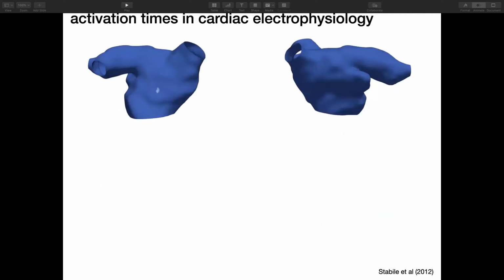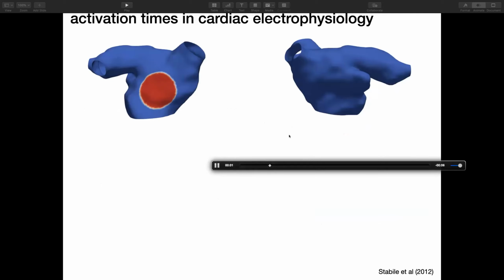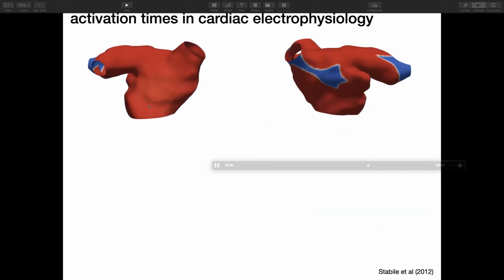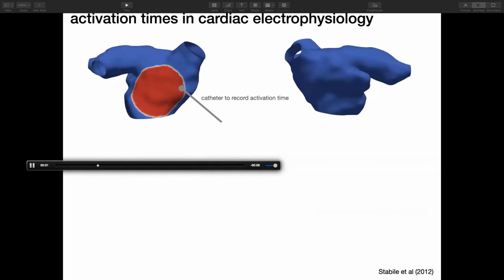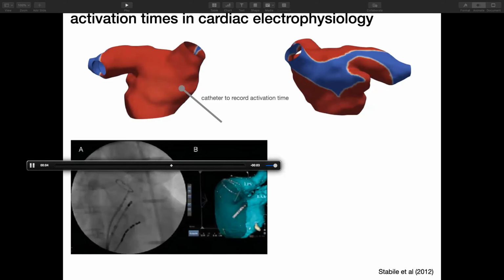So just a basic reminder of how activation times are measured in cardiac electrophysiology. We have a traveling wave in the atria, for example. This is a left atria, a very simplified traveling wave, and a physician goes in with a catheter, places it there and records an electrogram, and from that we can measure at what time the traveling wave arrived.